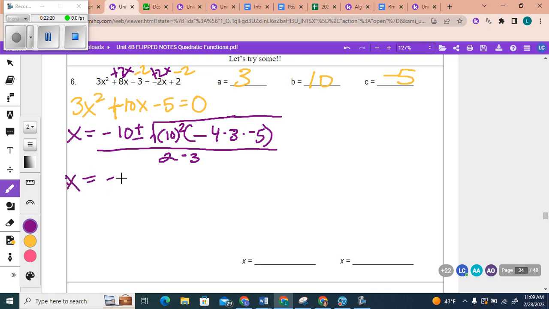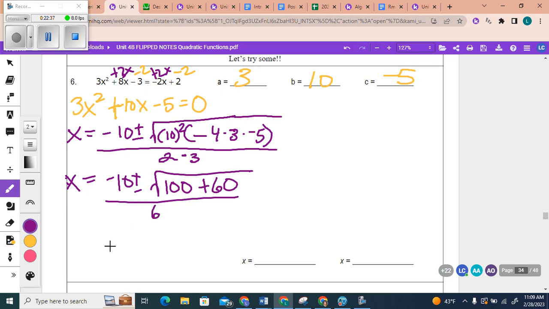X equals negative 10 plus or minus the square root. 10 squared is 100. Negative 4 times 3 times negative 5 is a positive what? Okay. All divided by 6. Then what?